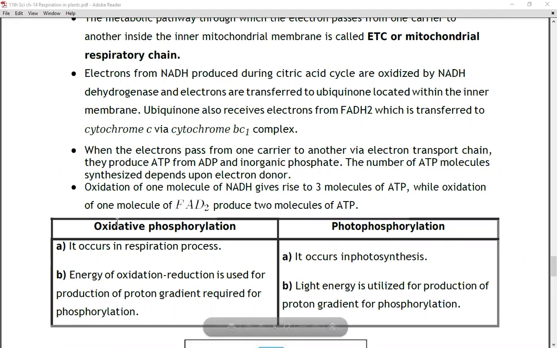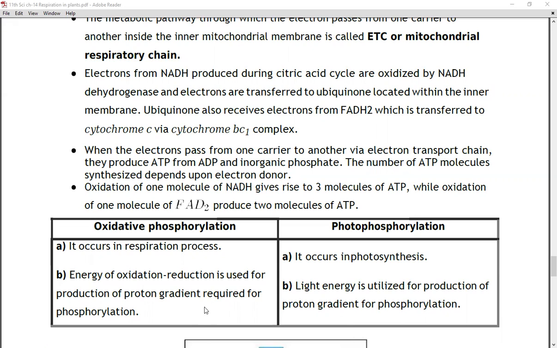The second difference is that in oxidative phosphorylation, the energy of oxidation and reduction is used for production of the proton gradient required for phosphorylation. That is, the oxidation and reduction reactions are taking place in order to get a proton gradient, which is necessary for carrying out the phosphorylation process.